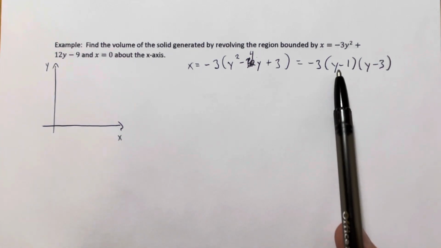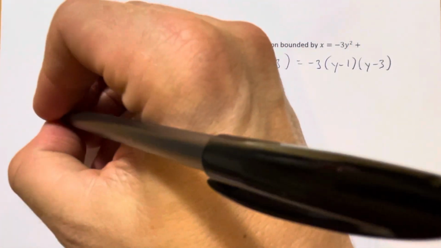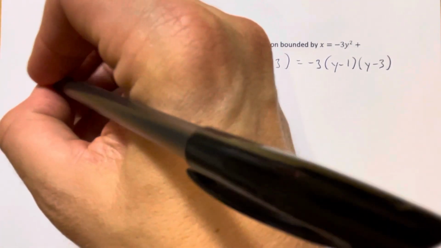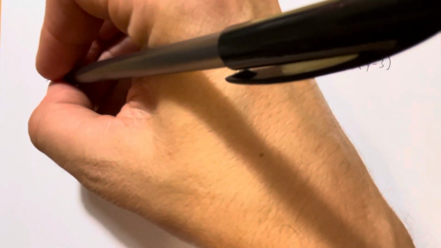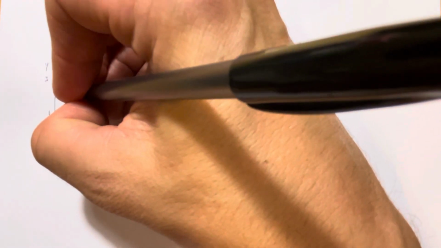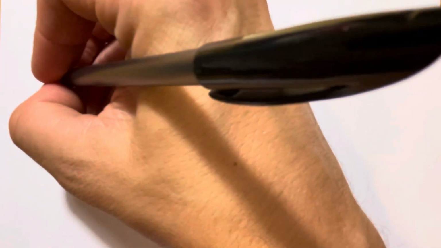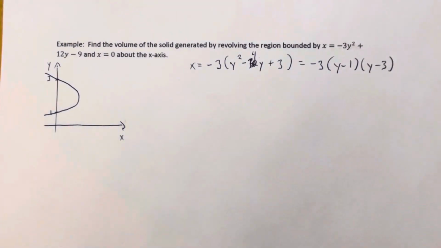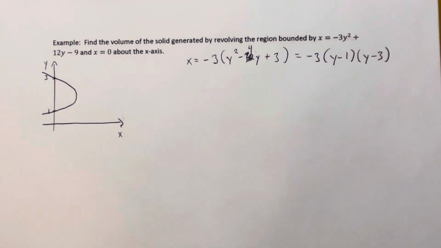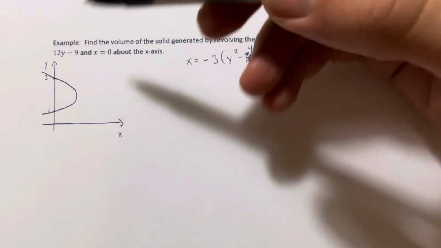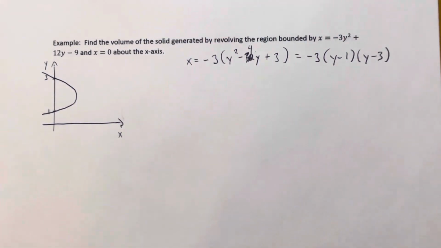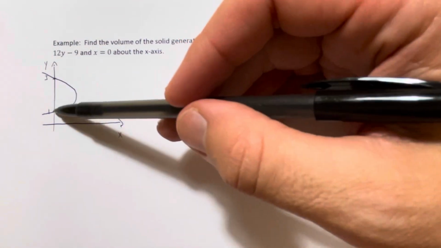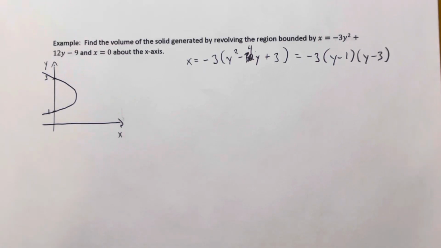And I also can see that I have y-intercepts at 1 and 3. So we're looking at a parabola that's something like this. And as you've seen over and over again, I am not super concerned with having a perfectly to scale graph. I just want enough information to get the answer correct. So the intercepts here are going to end up being important.